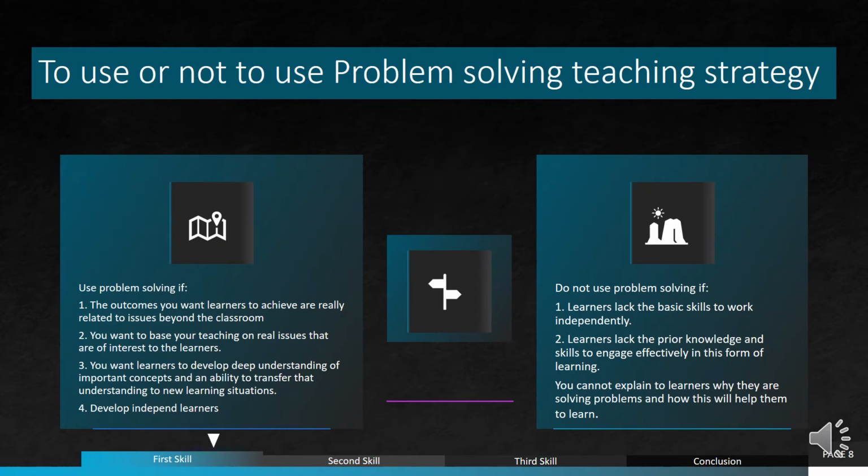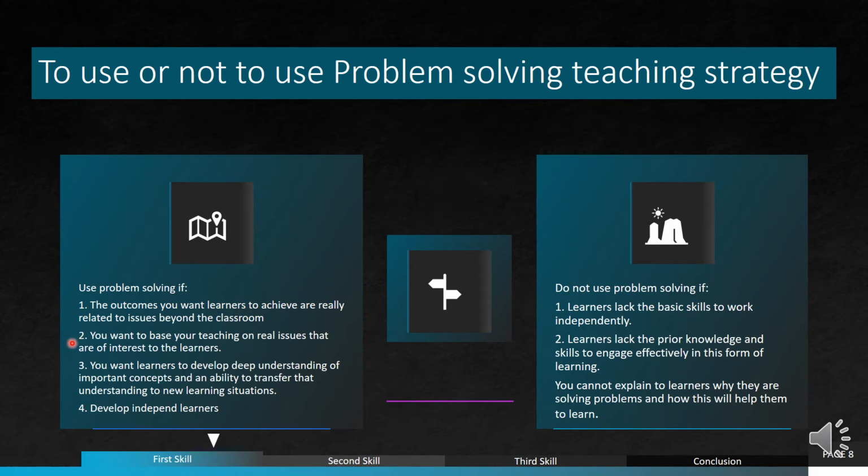To use or not to use problem solving teaching strategies. Where to use it is when you want the outcome from your learners to achieve a really related situation to issues beyond the classroom.